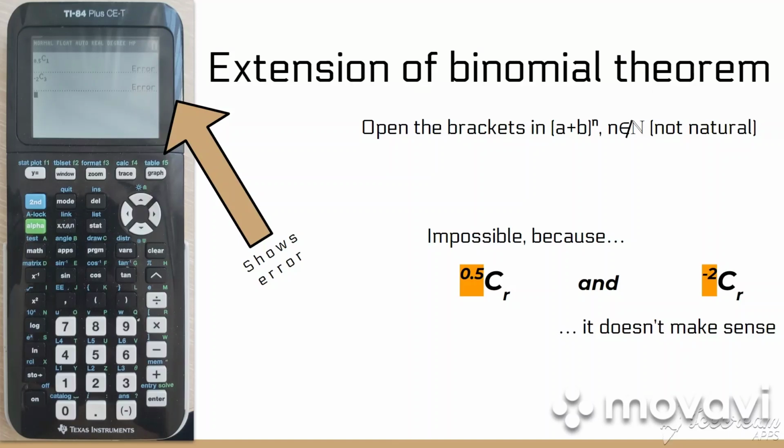As you can see, even the calculator shows an error when instead of n we use non-natural numbers. And for the situations when n is not a natural number, we have the extension of the binomial theorem.